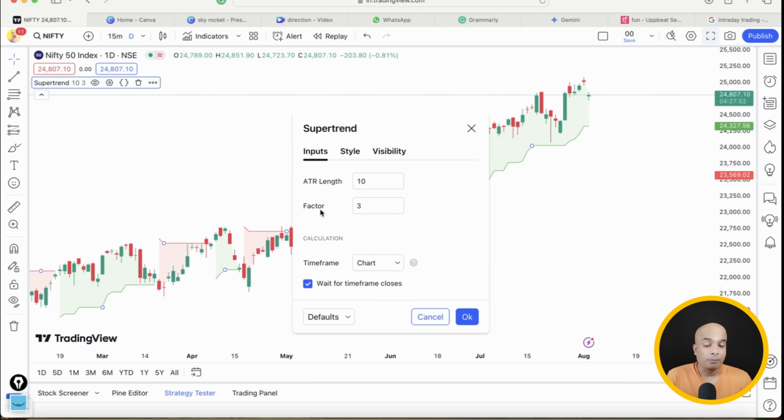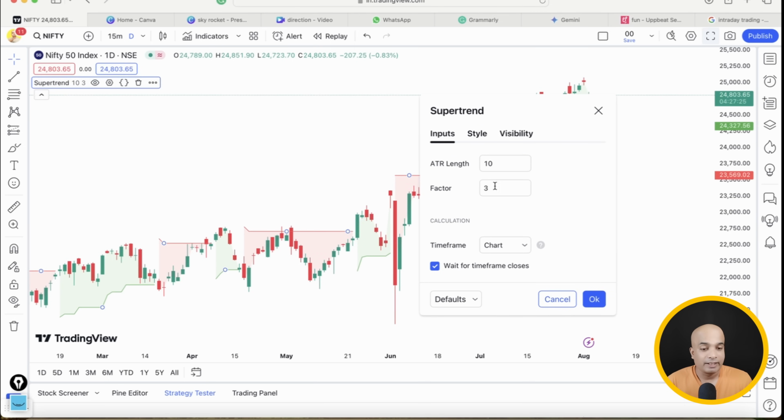By default, most chart providers use ATR length 10. ATR is nothing but the average true range of the last 10 periods. Most charting providers provide default period 10 and factor 3. Some charting providers do use 14 and 3 as well. So basically it is a combination of the ATR length and the factor.